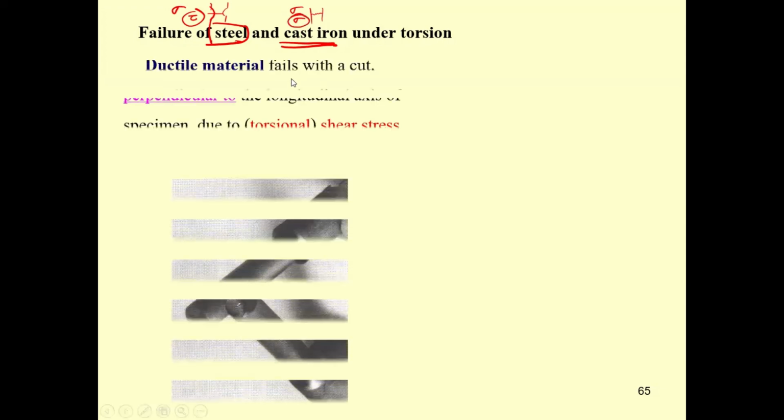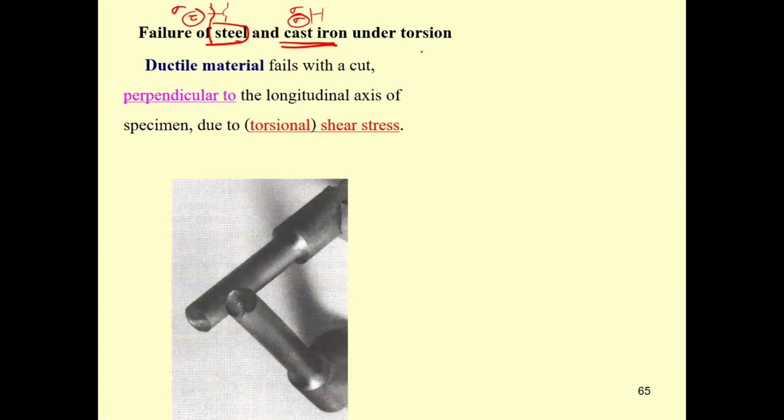How about the steel subjected to the torsion? In the torsion, the steel is subjected to tau, and due to the failure, okay, it fails by a cut perpendicular to the longitudinal axis. This failure is due to the torsional shear stress.